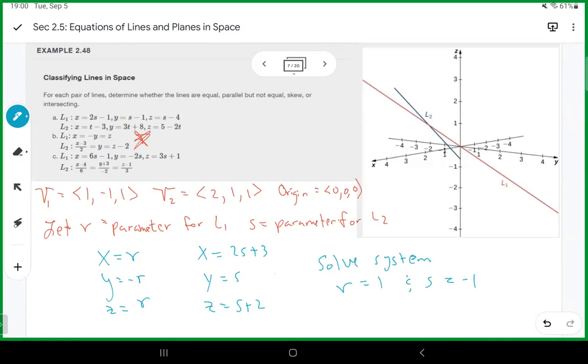And then if you need to, you can substitute and you'll actually find that this means there is an intersection at 1, -1, 1. Okay.